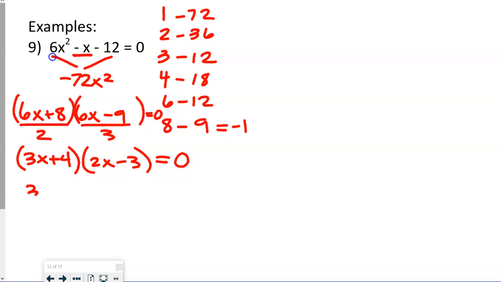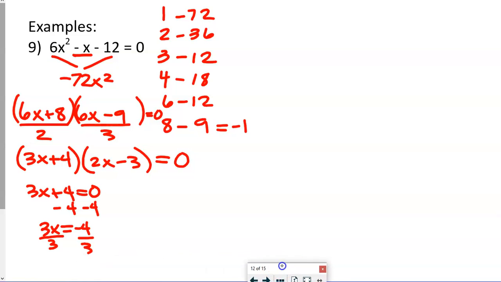So we've got 3x plus 4 equals 0. We're going to subtract 4 from both sides. So that's going to give us 3x equals negative 4. Then we're going to divide both sides by 3, right? So that's going to give us x equals negative 4/3.